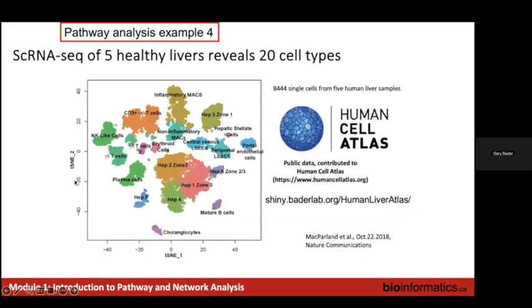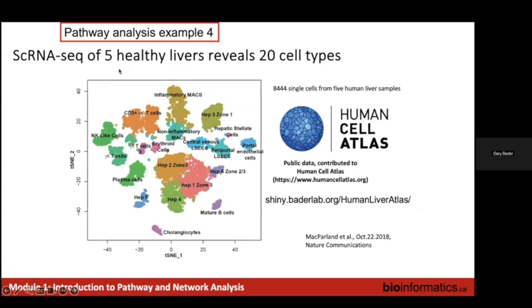Okay, so I have a few more examples. The next one is about single-cell RNA-seq. This was from a study that we were involved in to map the healthy human liver, and we had liver samples from 5 donors.